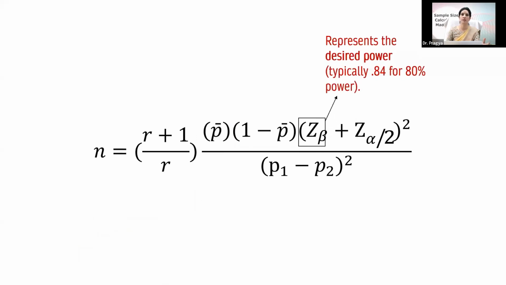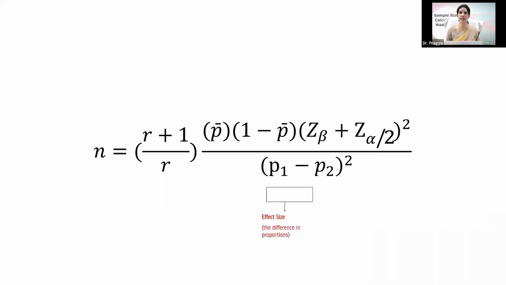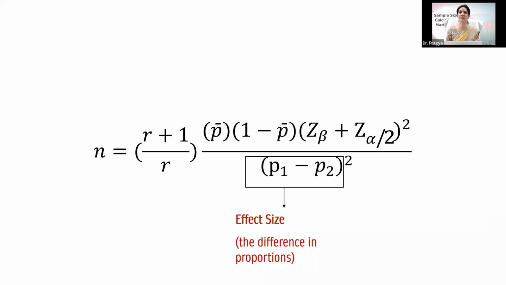You know about this Z beta, which is the desired power. Generally the value is taken as 0.84 for 80% power. This Z alpha by 2 is the desired statistical significance, and the value of Z alpha by 2 is 1.96 for the 5% level. And this P1 minus P2 is the effect size, which is the difference in proportion.